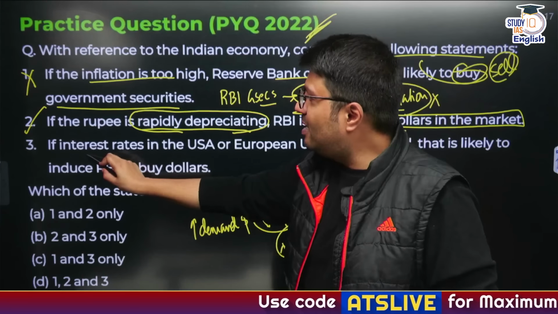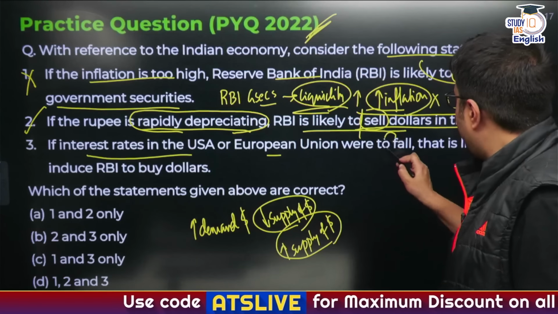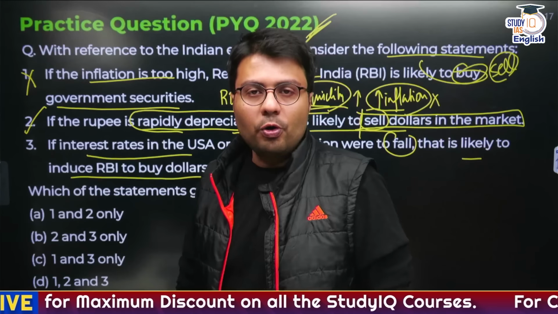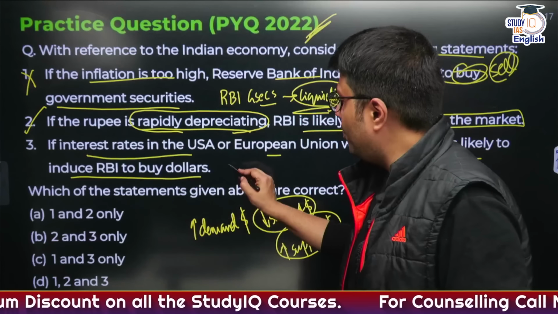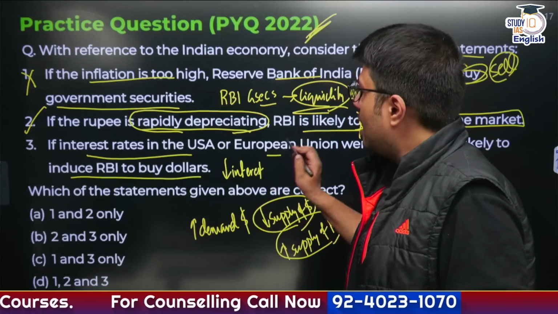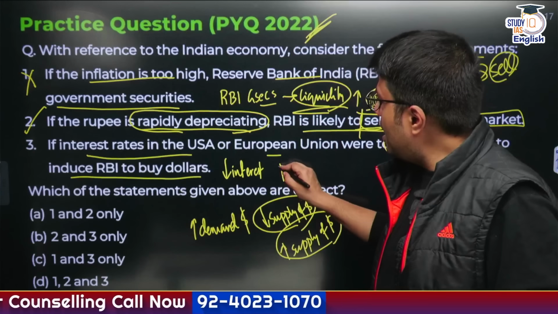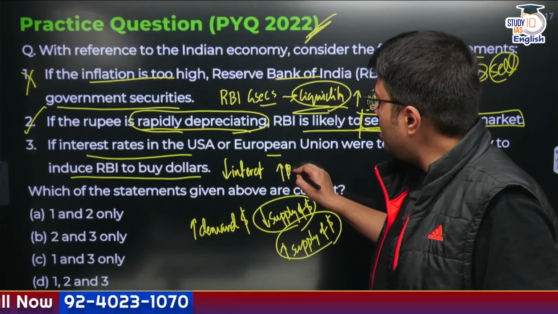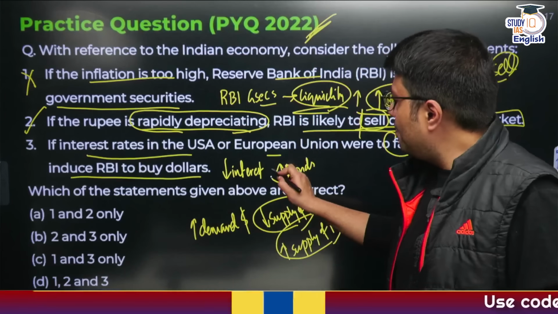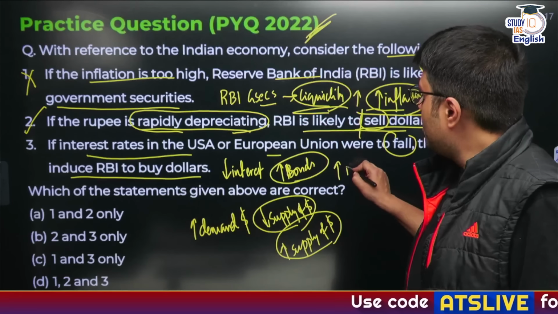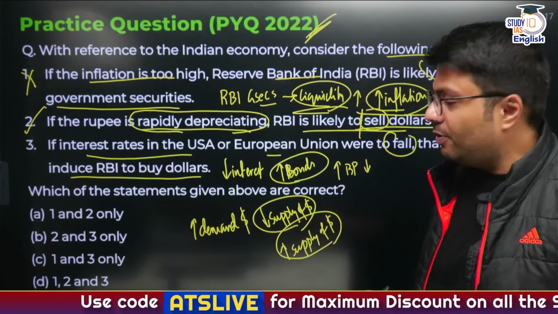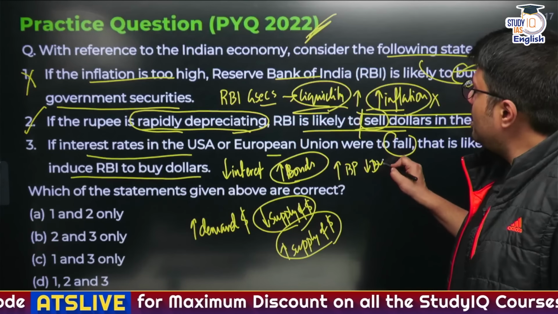Now, if interest rate in US or Europe were to fall, that is likely to induce RBI to borrow dollars. Now, this is a complex statement. First of all, when interest rate in US falls, the demand for bonds or alternative financial instruments increases in US. So whenever demand for bonds increases, bond prices increase, and we know bond yields have negative correlation with bond prices, so bond yields would fall down.